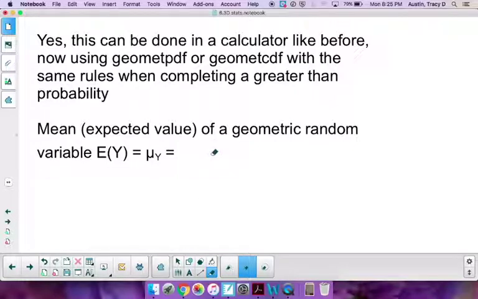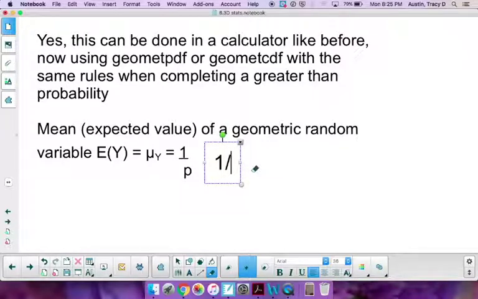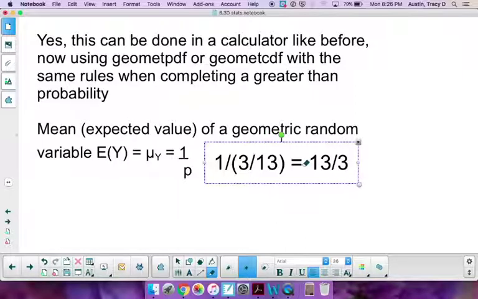So the expected value of a geometric is just 1 divided by the probability. So in our case, our mean would be 1 divided by 3 over 13, which is again why I wanted to leave it as a fraction and not put it in a decimal. Well, 1 divided by 3 over 13, if you group it and put it in your calculator the way you're supposed to, should give you 13 divided by 3, which is about 4.3.